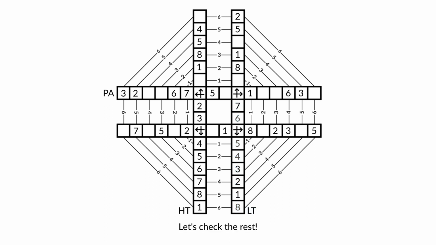Let's check the rest. This line, we are skipping it since we found high tide line. Next, 1, 8, 7. Nope, we have 2. Next. This line, we are skipping it as well, since we found Pacific line. We are not filling it yet because we will lose a lot of time searching for the other numbers.